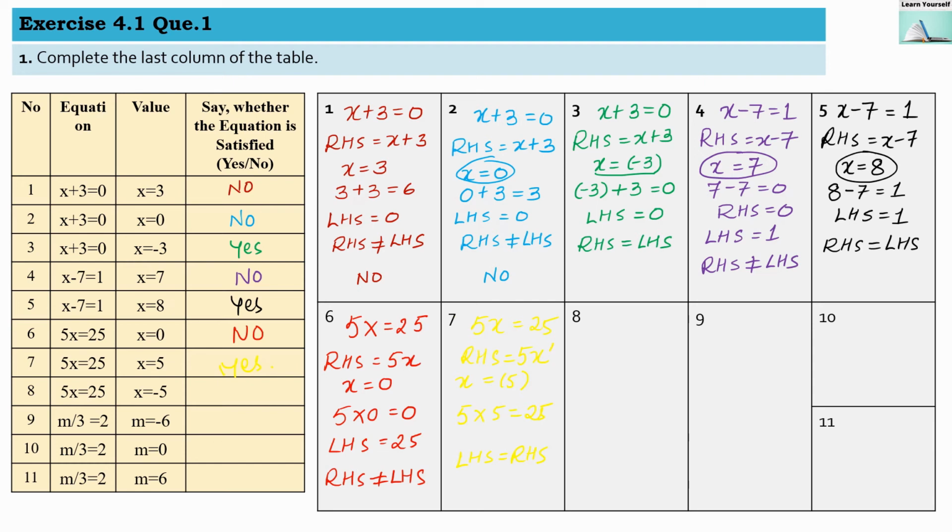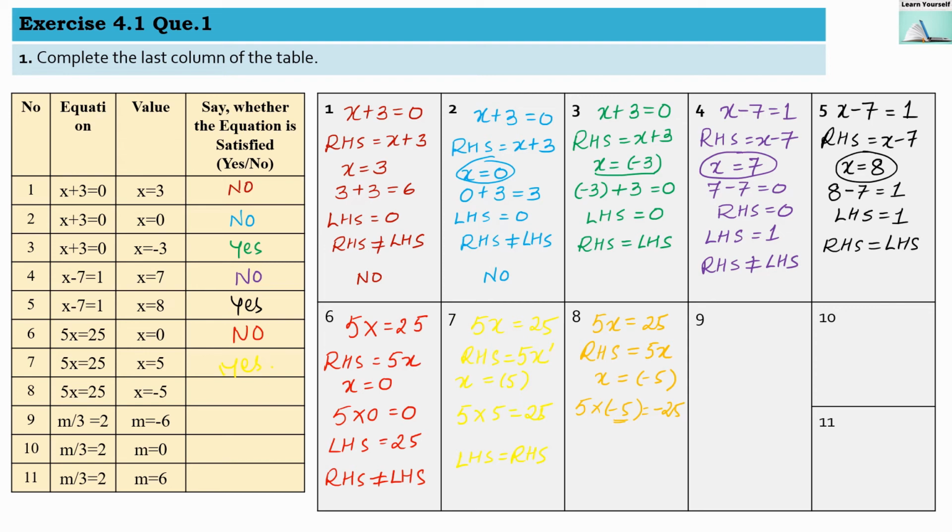Now eighth question is the similar equation, that 5x equals to 25. Our RHS is going to be 5x. Into this x equals to, we are going to take minus 5. So 5 is multiplying with minus 5, so we will get here minus 25 because one of the numbers is negative.